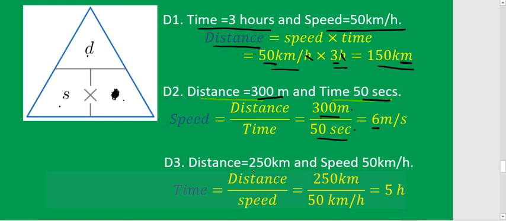So the distance has been given as 250, and the speed is 50 kilometers per hour. 250 divided by 50 will give you 5. And of course, kilometers will cancel out and you're left with hours. So, sorry, that would be 5 hours.